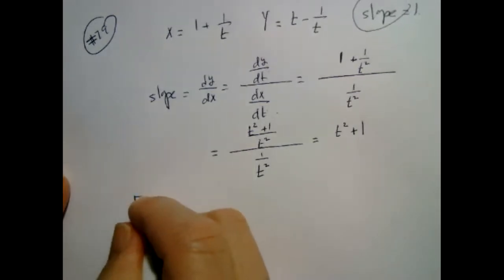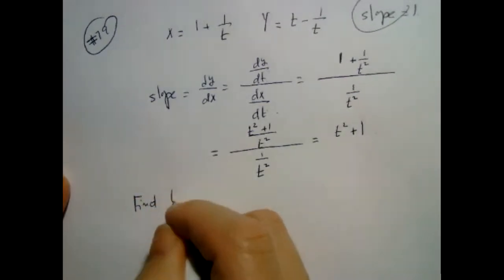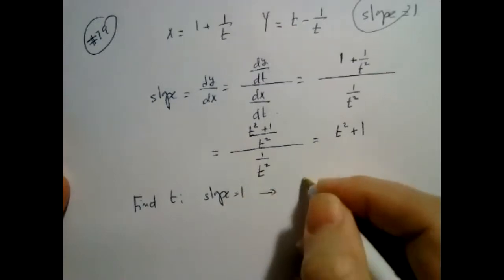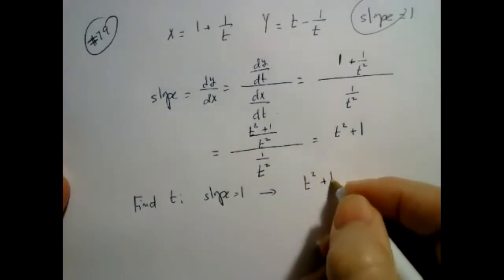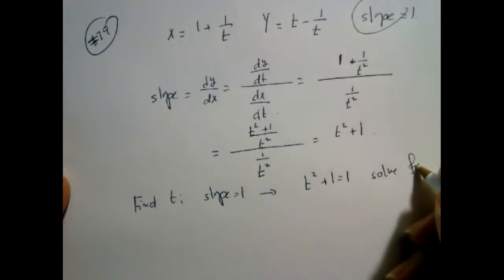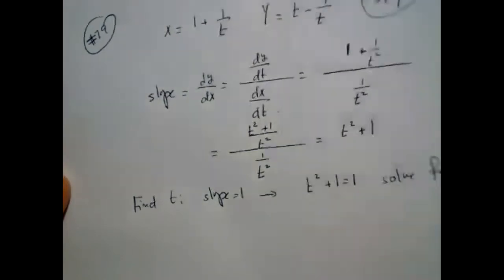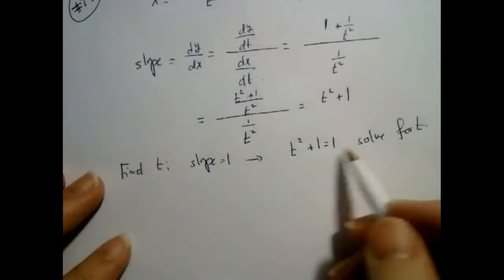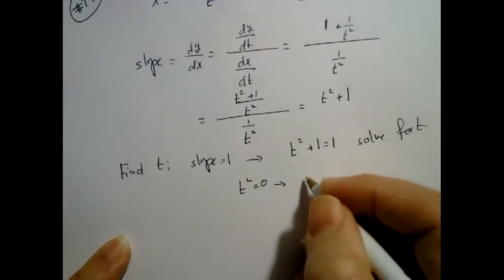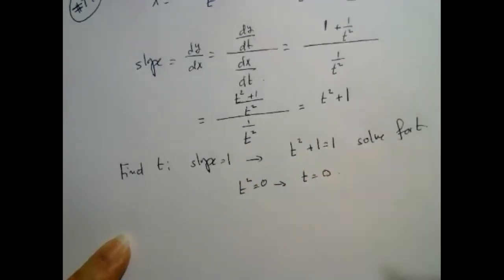We're going to find the t such that the slope equals 1. So we set the slope equal to 1 and solve for t. So t squared plus 1 equal to t, it means t squared equal to 0, t equal to 0.